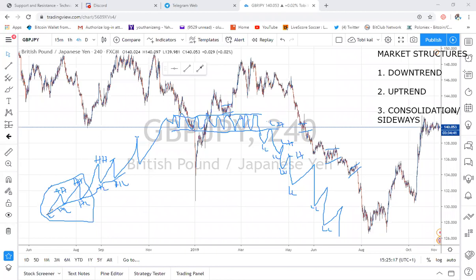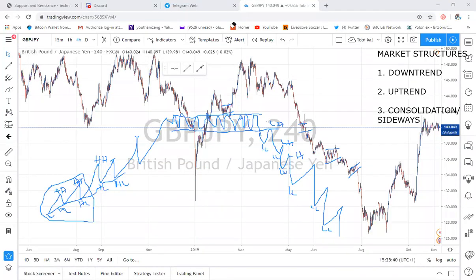And then in this kind of situation too, in an uptrend, the market could do something like this. Sorry, this can't happen. Let me take it again.